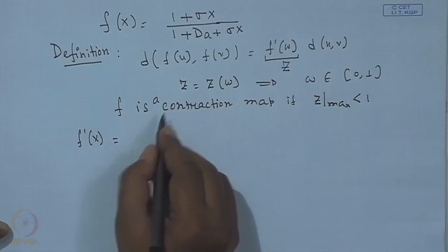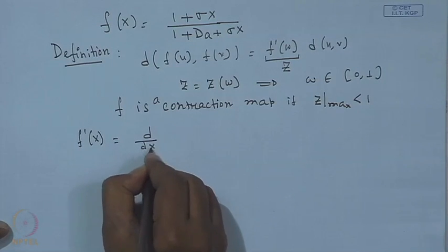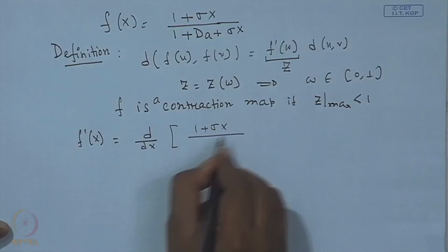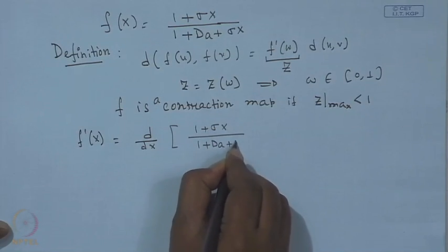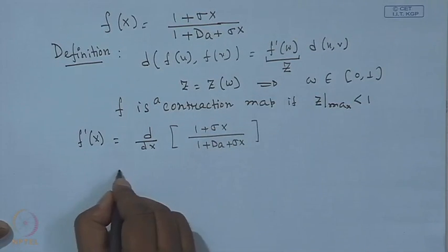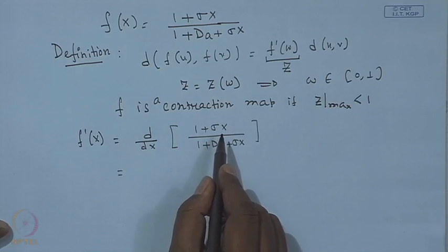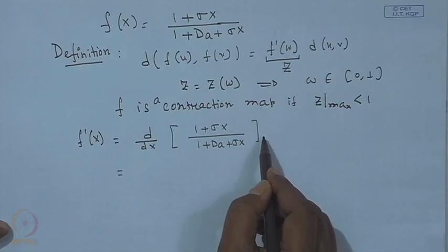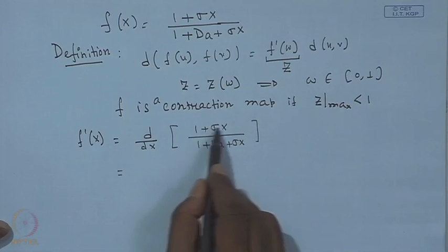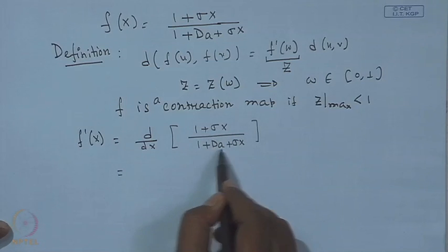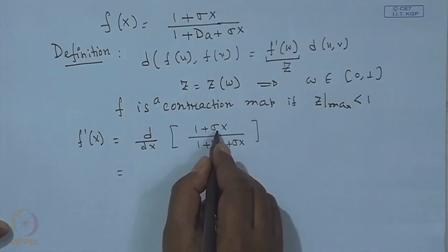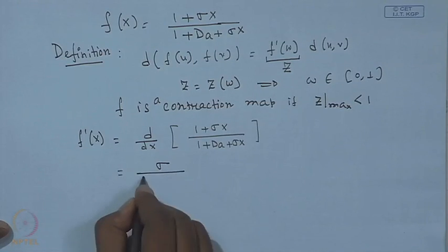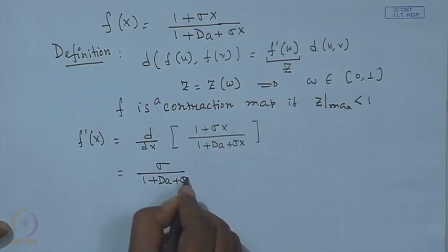f prime x is nothing but d dx of f x. So, it will be 1 plus sigma x times 1 over 1 plus dA plus sigma x. So, we use differentiation of the first function, and then differentiation of the second function. We take the numerator as the first one and the denominator as the second one. We differentiate the numerator first, so it will be sigma over 1 plus dA plus sigma x.